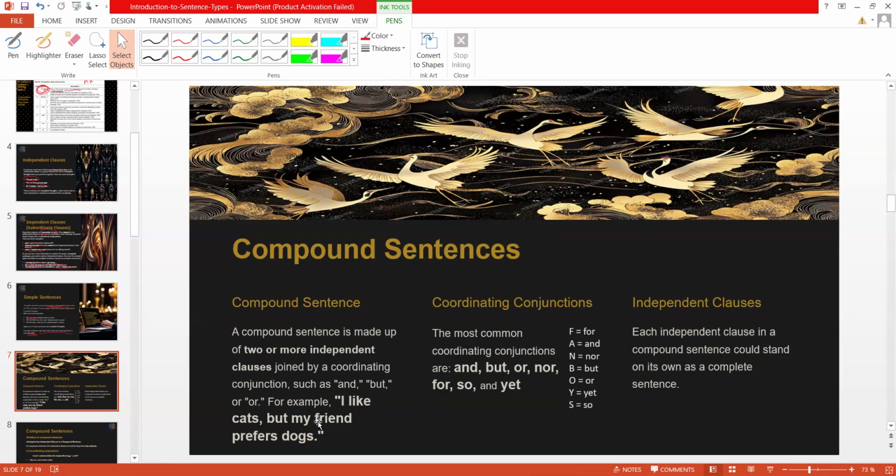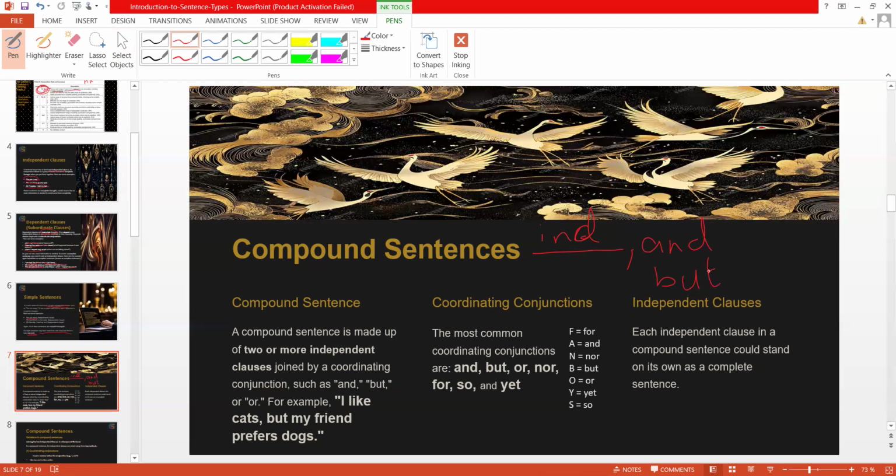Now let us move on to the compound sentence. What is a compound sentence? A compound sentence is made up of two independent clauses. An independent clause, a comma. Now we can write any of the coordinating conjunctions here: and, but, so, for, yet.